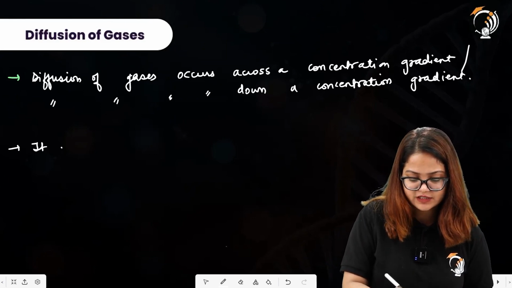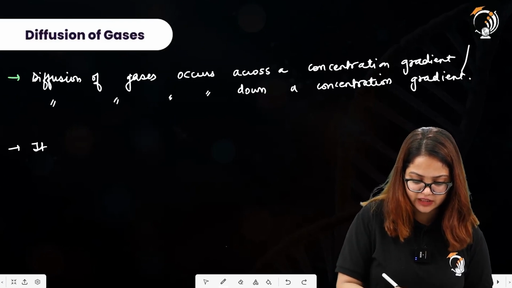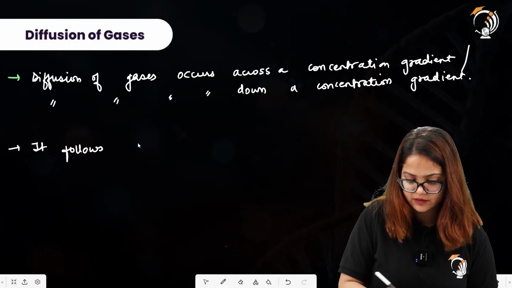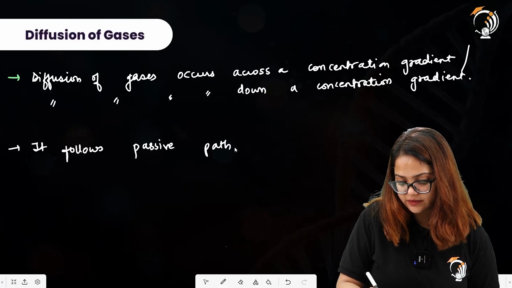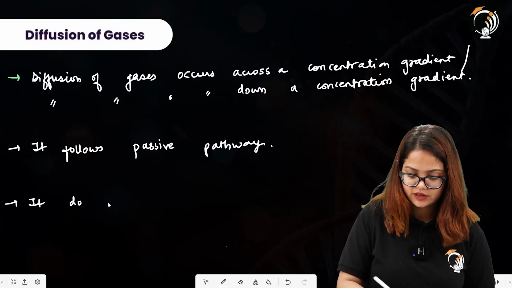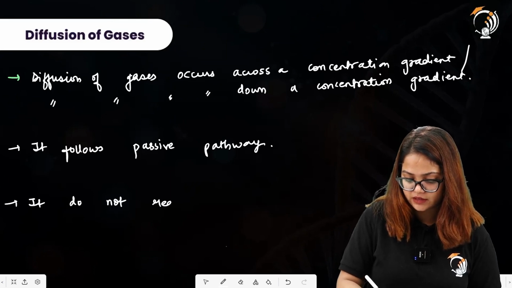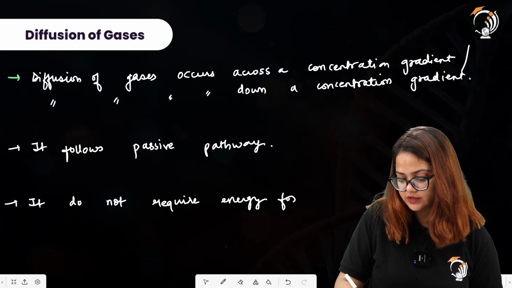It is a passive process, or you can say it follows a passive pathway. It does not require energy for the process.